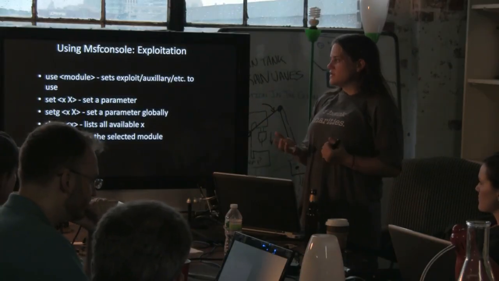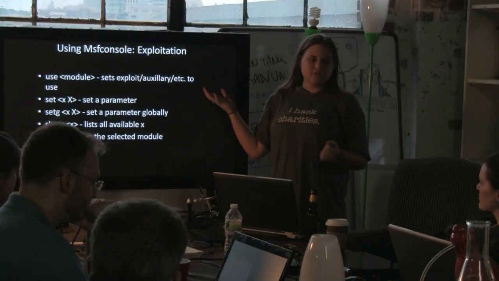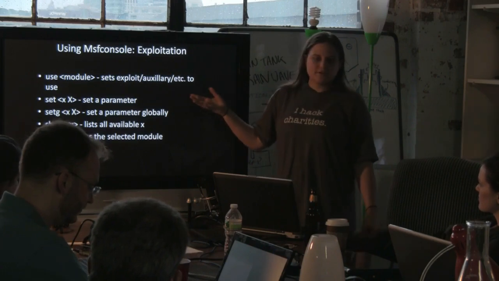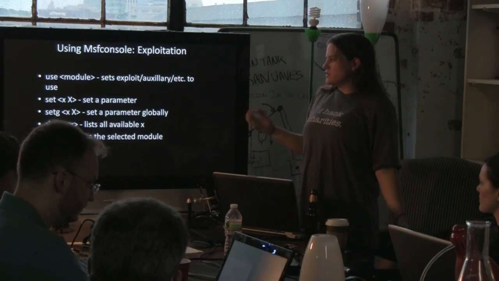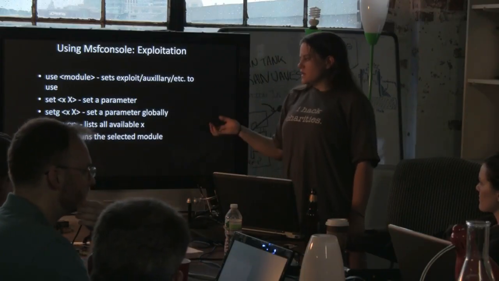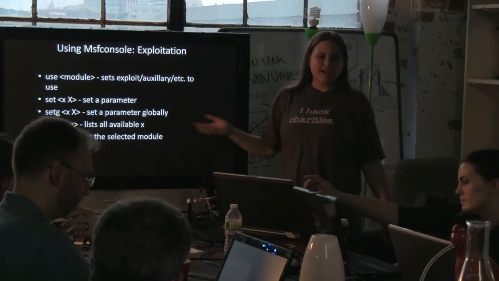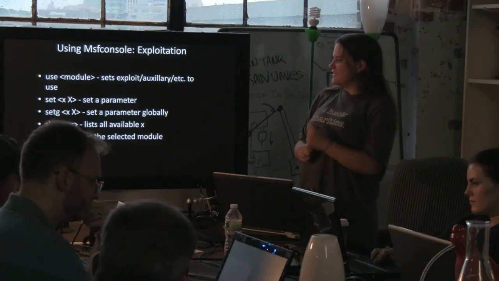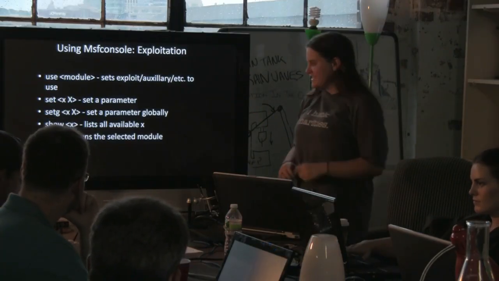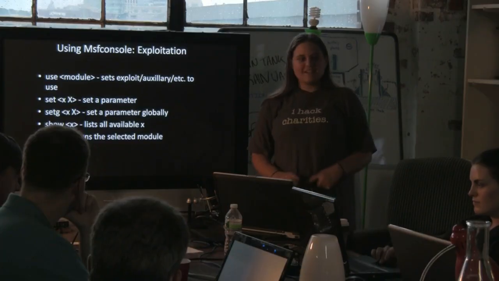We say use and our module, so whatever exploit we want to use, and then set our parameters: set our IP addresses, set our payloads, and you can show your options. Then finally you can say exploit and it sends it off, and hopefully it works. In our case it will work because I already know what works, because I built the machines. Not always so lucky in a pen test.